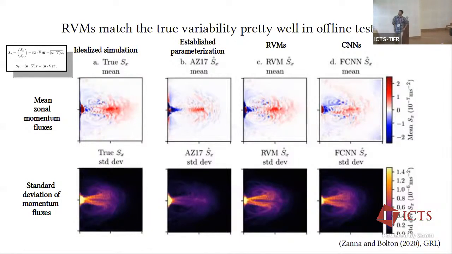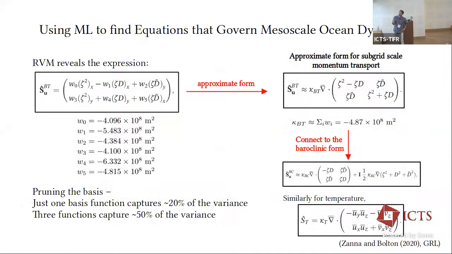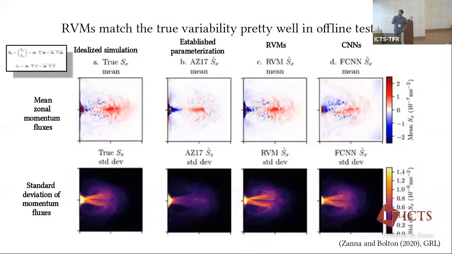You'll see that this structure here is pretty well replicated by RVMs, while the CNNs and the parameterization do not really get the flux in the interior of the domain as well as the RVMs do.